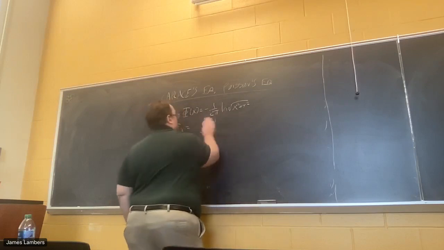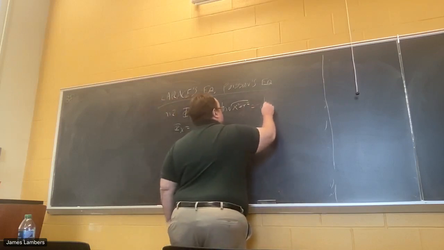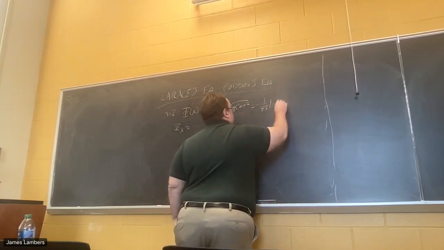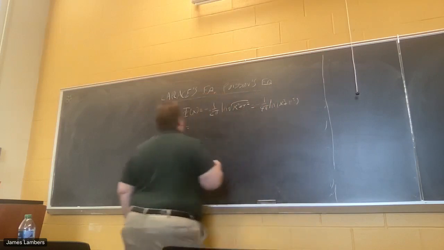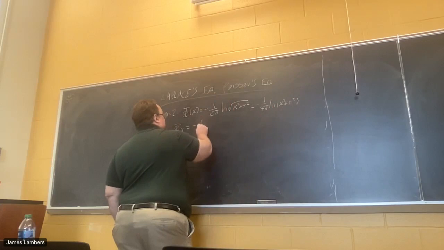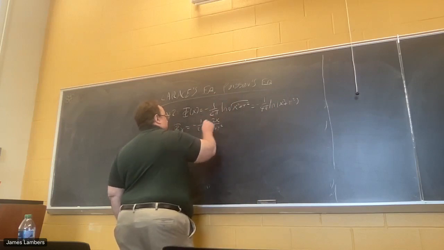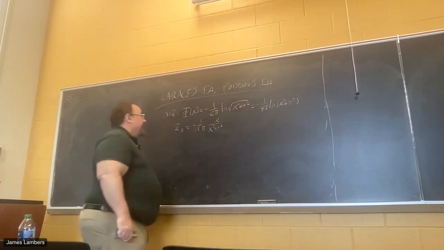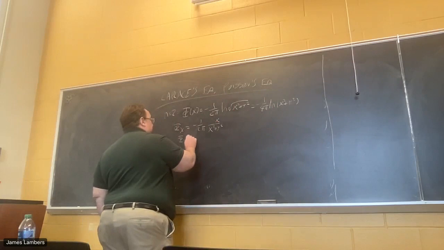Actually, I'll write it this way: minus 1 over 4 pi natural log of x squared plus y squared, to not have a square root to deal with. So phi x would be minus 1 over 4 pi times 2x over x squared plus y squared, and y would be similar. And then phi xx.